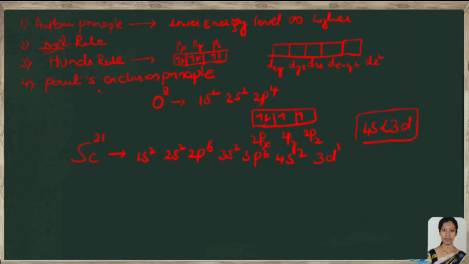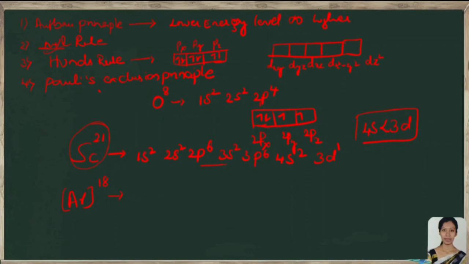Then what does Pauli's exclusion principle say? Only 2 electrons will be filled in an orbital with an opposite spin. Now we have filled the electronic configuration for scandium with the atomic number 21. If you write the electronic configuration for argon, what happens? Argon with the atomic number 18.